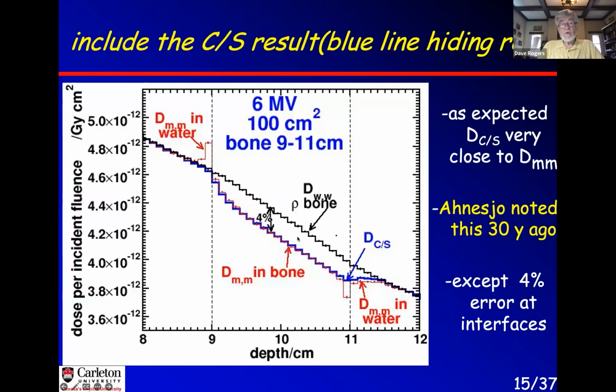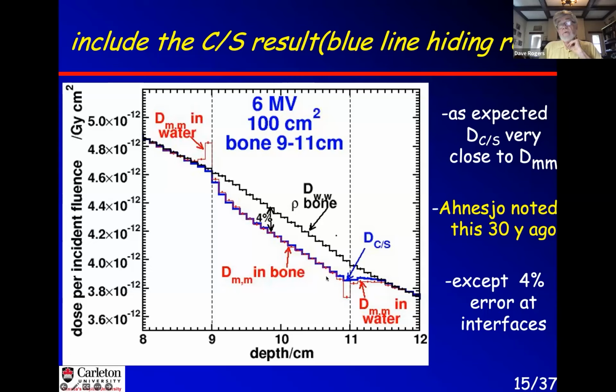So now if we look at this same graph that we've seen before, the important thing is I've added a new line, and it's this blue line that you see coming down here, and it's lying right on top of the calculated dose to medium, except just at the interface, it doesn't see this lack of backscatter, and up here it doesn't see the backscatter from the bone in this calculation, because we've turned everything to water the instant the interaction takes place.